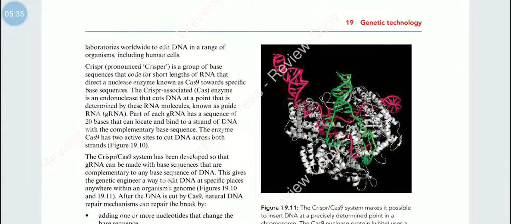In the CRISPR-Cas9 system, a group of base sequences that code for short lengths of RNA direct a nuclease enzyme known as Cas9 towards specific base sequences.